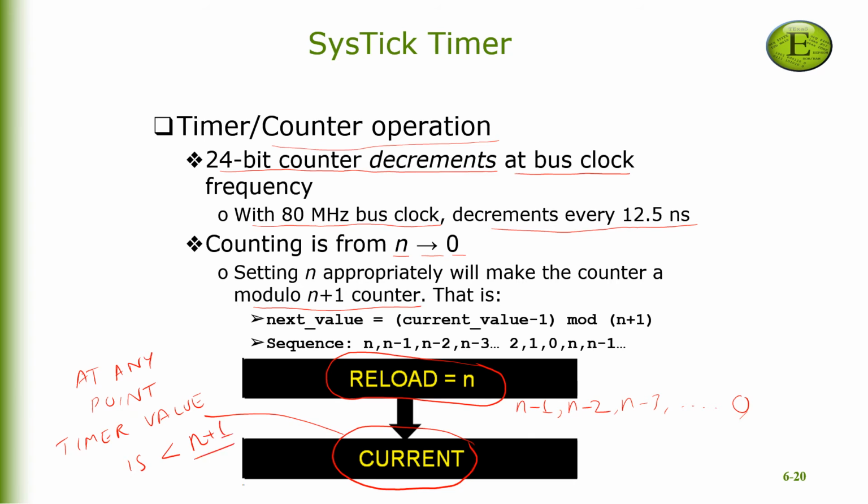So for example, if we set n equals 15, then the value of the timer at any stage is less than 16.